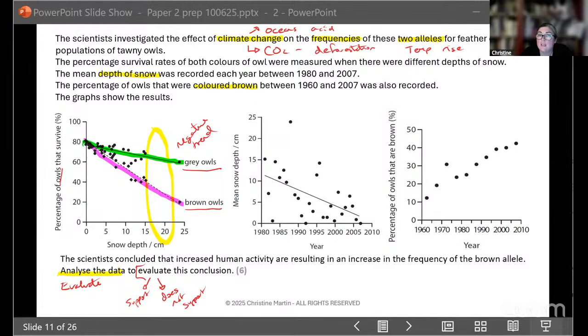So because we don't have any data, we need to understand why that is not showing. There is no data at 20 centimeters, so we can't be sure on this conclusion because we don't have enough data.